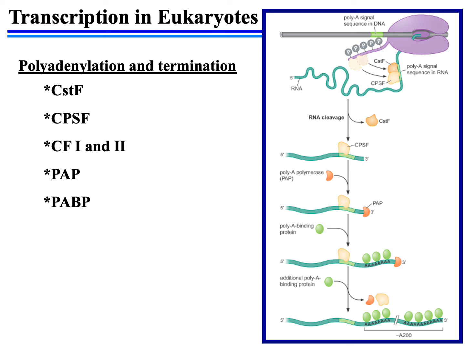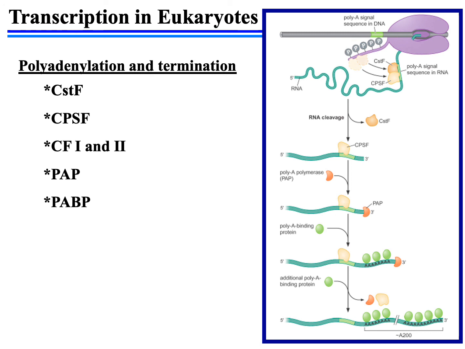The cleavage factors 1 and 2 are associated with these components, and cleavage takes place, cleaving the transcript away from the elongating polymerase. The next step then with the transcript is that the poly-A polymerase adds the poly-A tail to the 3' end. So essentially you get cleavage of the transcript and poly-A's added to the 3' end of the transcript.